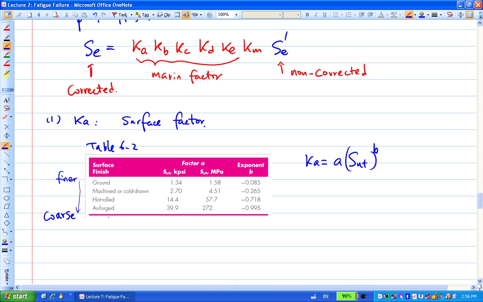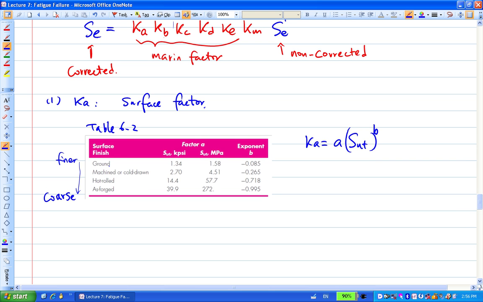The 10 or the 1? And why? More places where there could be a weaker spot. Exactly. You'll see that effect in the second factor, Kb, which is called the size factor. But for now, the surface factor.